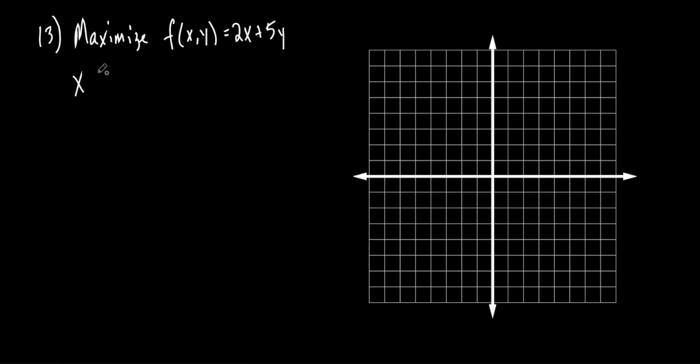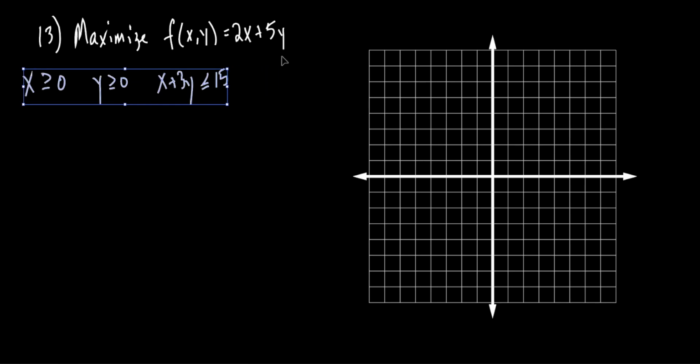So it's x is greater than or equal to 0, and y is greater than or equal to 0. You got two more. x plus 3y is less than or equal to 15. Nice thing about this, I can just move it over.